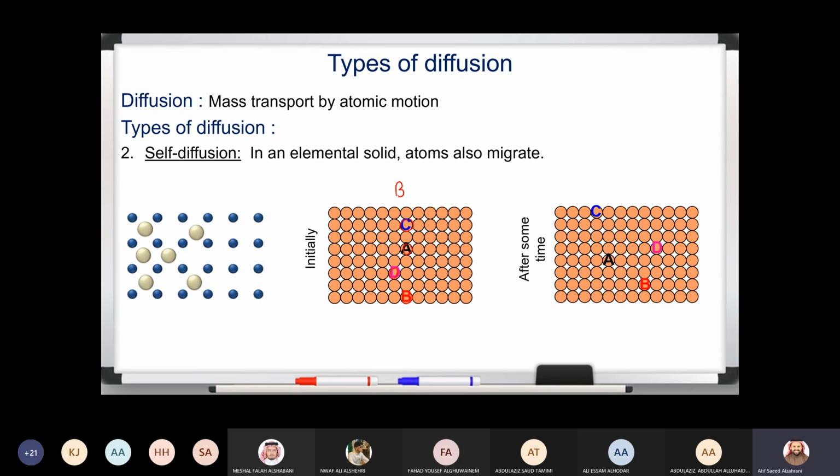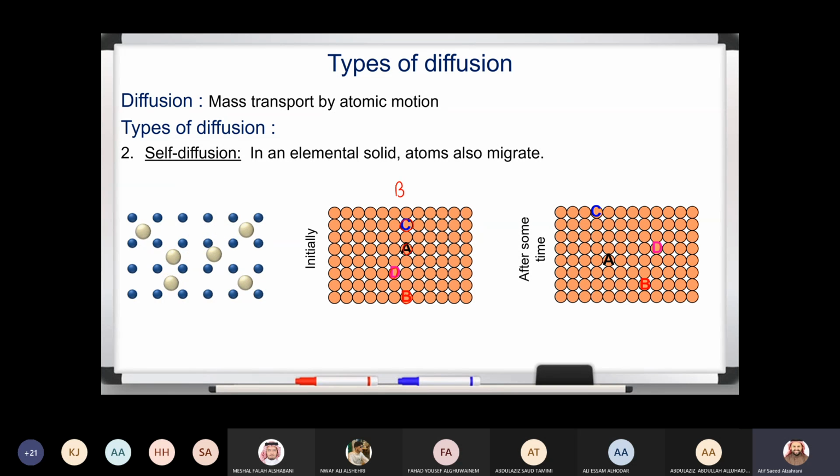After some time, you will notice that the atom C has moved to some other places, atom A moved to other places, D, B, they scattered, okay? There's a random distribution. So the difference between the self-diffusion, as in this case, and the interdiffusion is that the interdiffusion is happening between two different elements, the self-diffusion is happening with the same element. Okay, so these are the two types of diffusion.